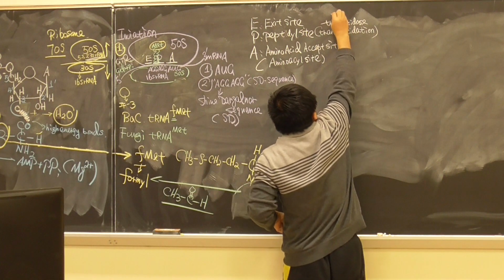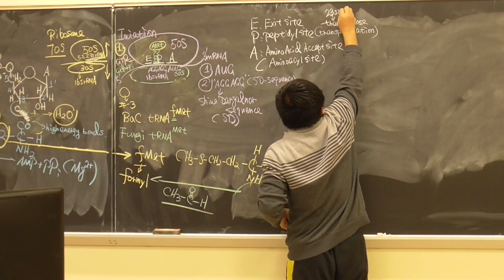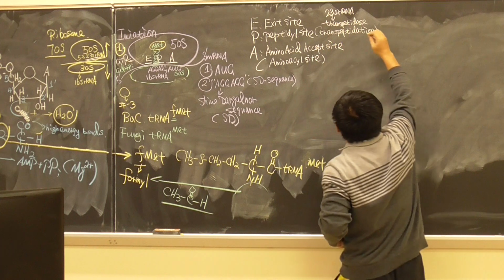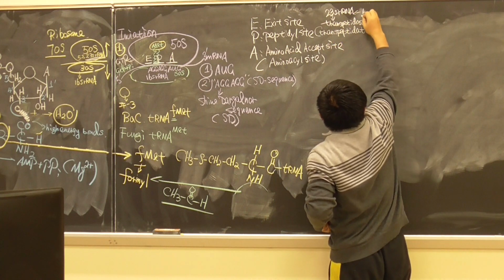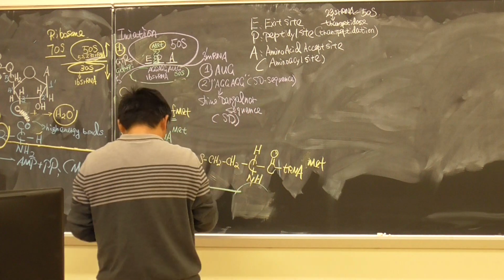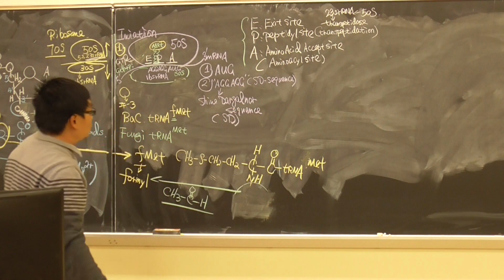So this is from 23S RNA, one of the components of the 50S large subunit. Okay, so you need to know what the EPA looks like. Then we're going to talk about it.